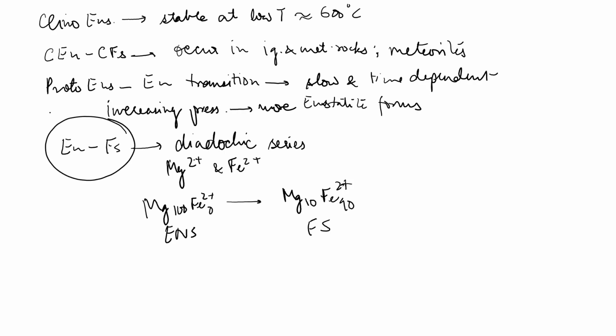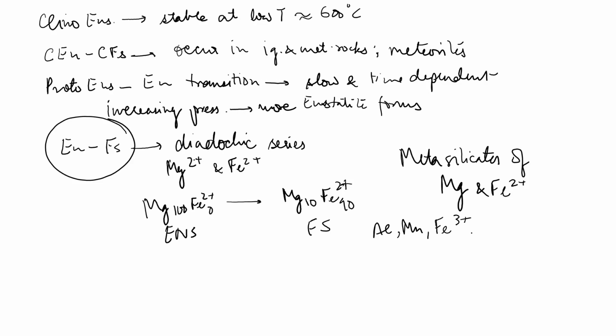They are essentially metasilicates of magnesium and Fe2+ iron. Apart from these, some other cations may be present: aluminum, manganese, Fe3+, calcium, titanium, chromium, nickel. All these are commonly found but in very, very low abundance.